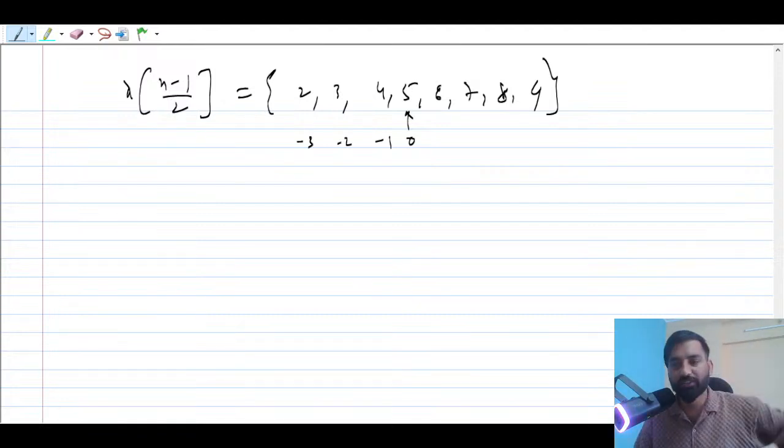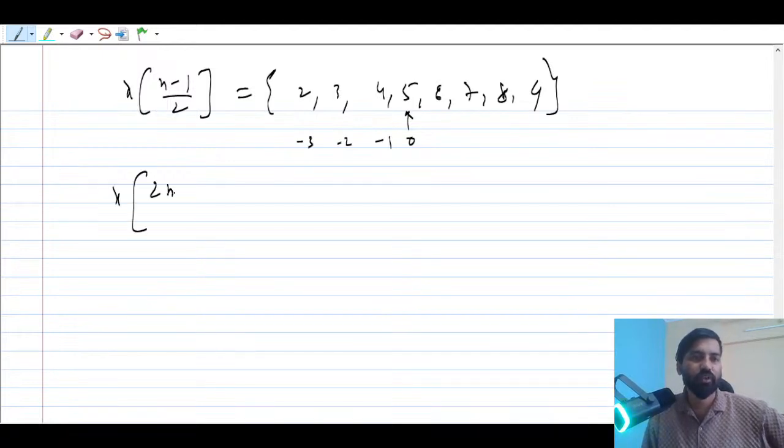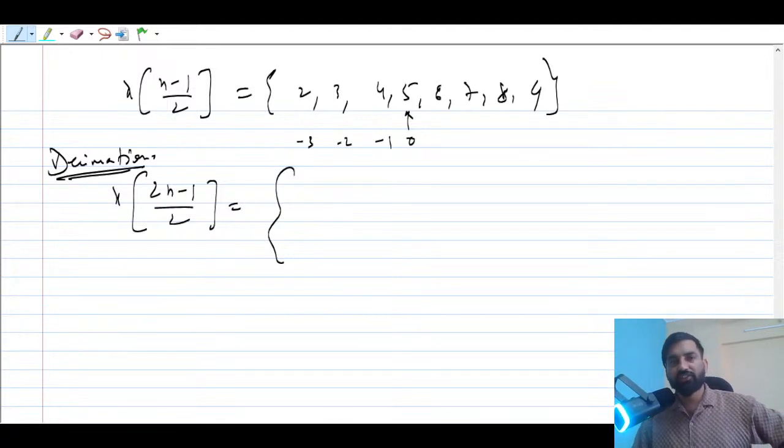Now you can go for decimation. So decimation करेंगे तो क्या होगा? Decimation means 2n minus 1 by 2. Okay, I'm just going for decimation. Decimation means you have to divide all these time instants by 2, right? So you have to retain only those integers which are multiples of 2. You can forget about these, this will be 0.